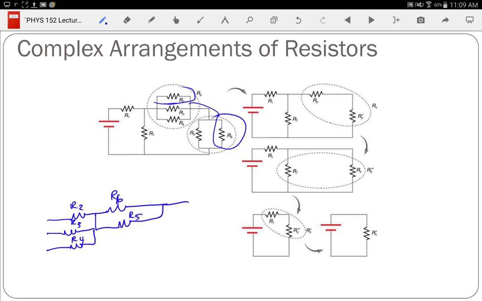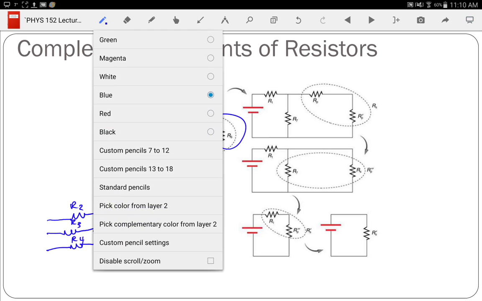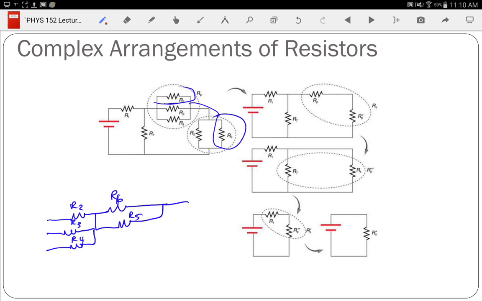You've got 2 sets of parallels, and one has 3 resistors and the other has 2. That is true, but the key here is, if they're in series, there has to be no alternate pathway for current. Anything that goes through the first one has no choice but to go through the second. With this arrangement, I could have current that goes through this one, come down and go through that one. It didn't have to go through R2.